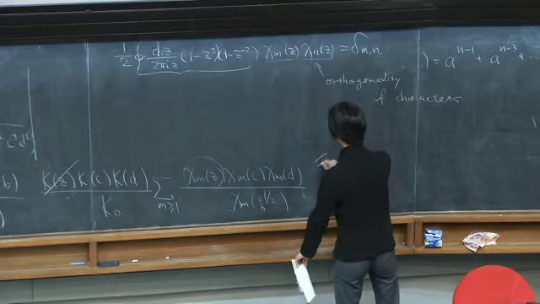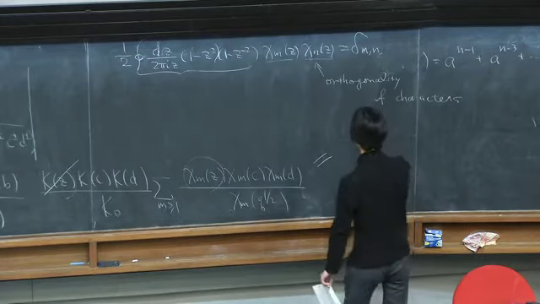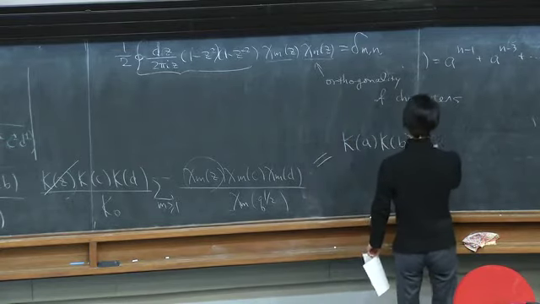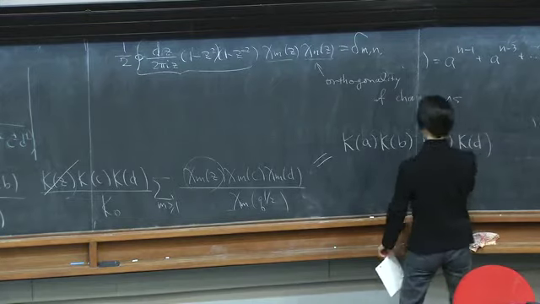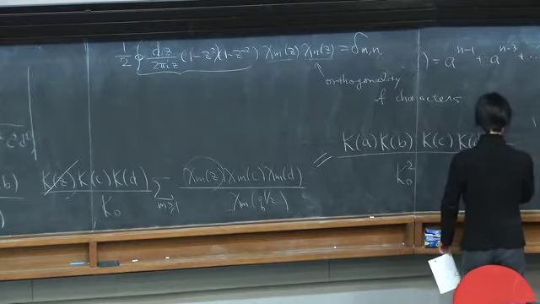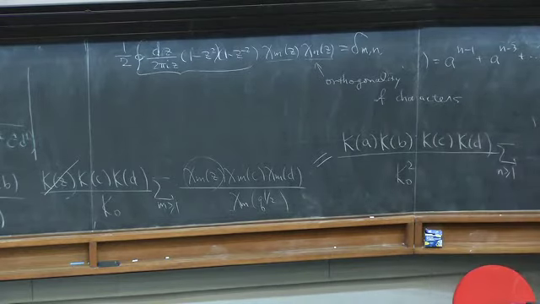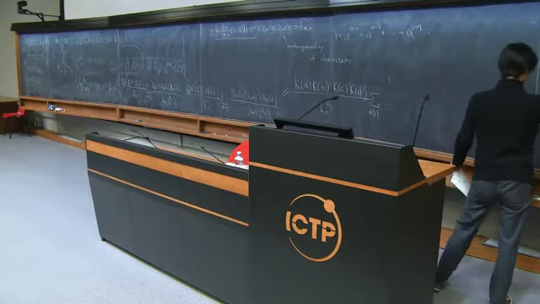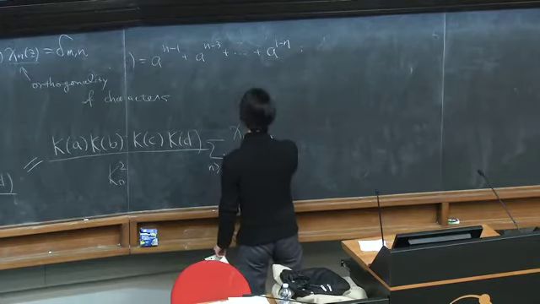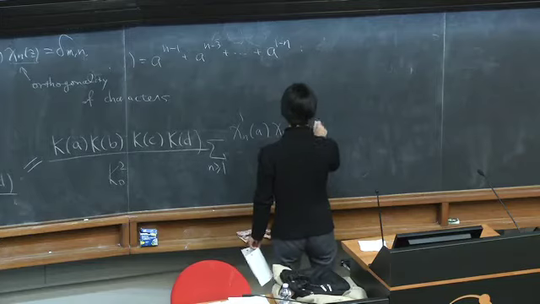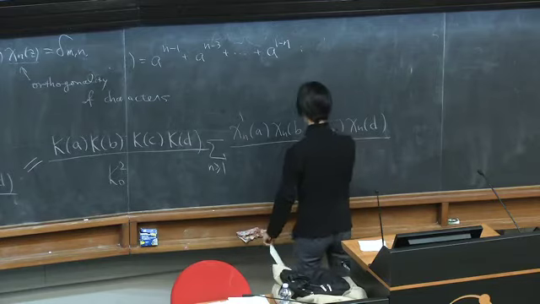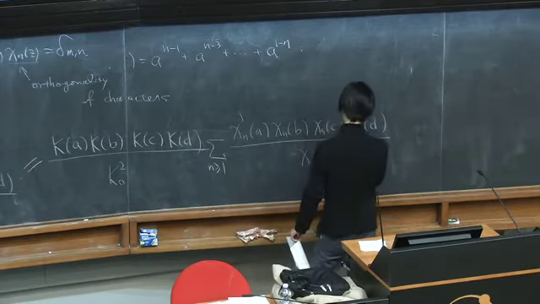So you can just perform the integration very explicitly, and the final answer is Ka, Kb, Kc, Kd divided by K0 squared times the summation over all positive integers n of chi n a, chi n b, chi n c, chi n d divided by chi n q inverse squared.